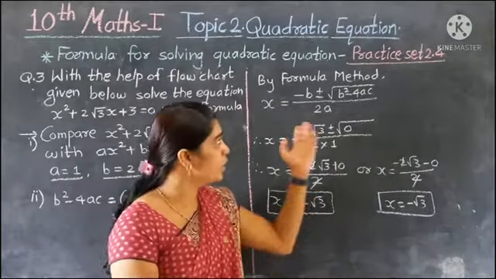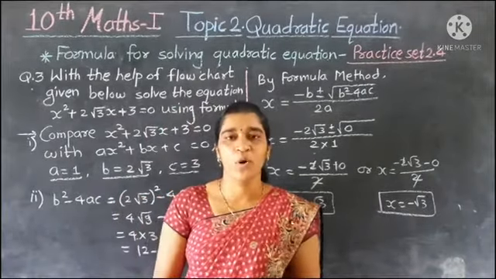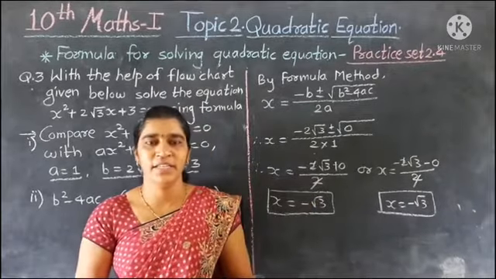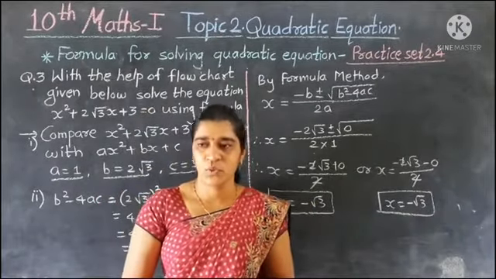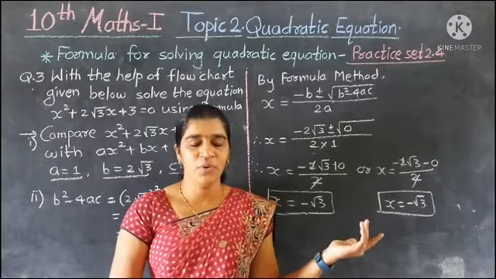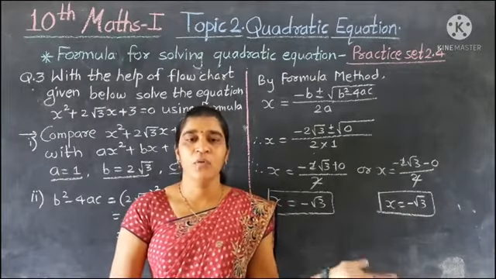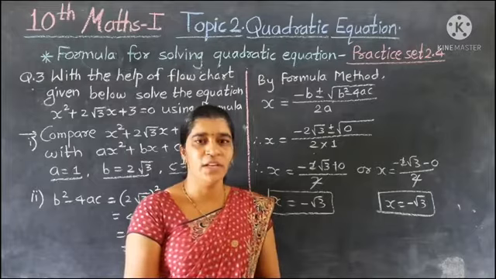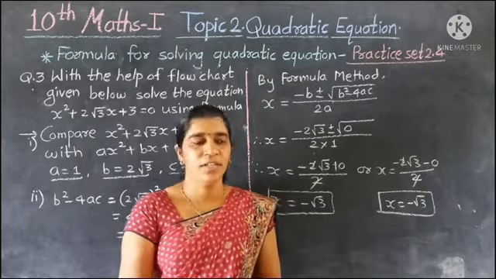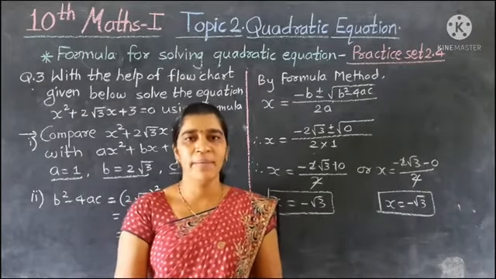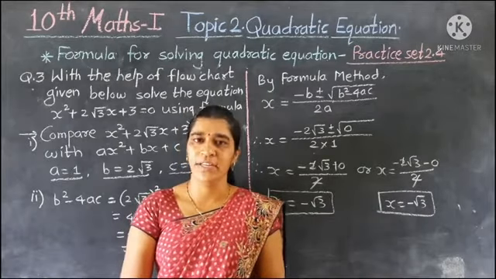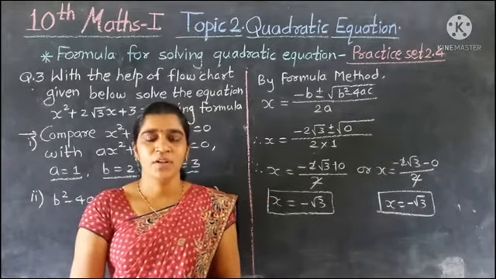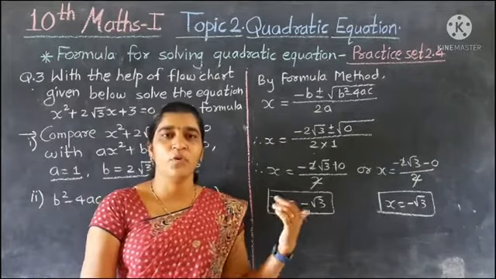Okay students, here we completed practice set 2.4. It is easy, it is based on the formula method. So students, in this video we completed one of the methods of solving quadratic equations, that is the formula method, the formula for finding roots of a quadratic equation. What are the steps?